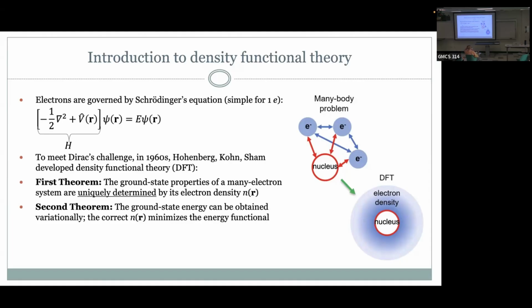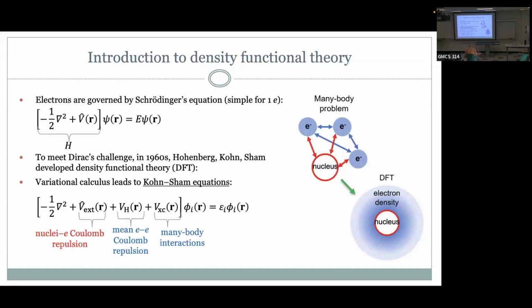So rather than dealing with multiple electron wave functions, and in solid systems, jillions and jillions of wave functions, we can work on the scalar function n(r), right? So that determines the properties of the system. And the second theorem says the ground state energy can be obtained by variational calculus, and the correct n(r) minimizes the energy functional.